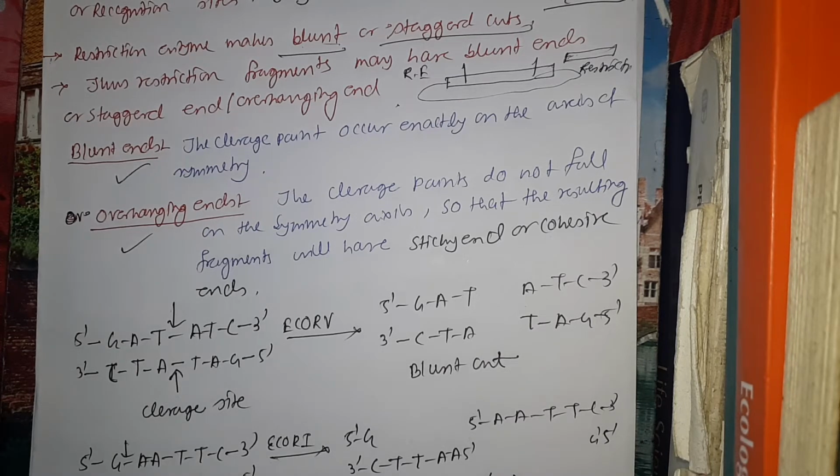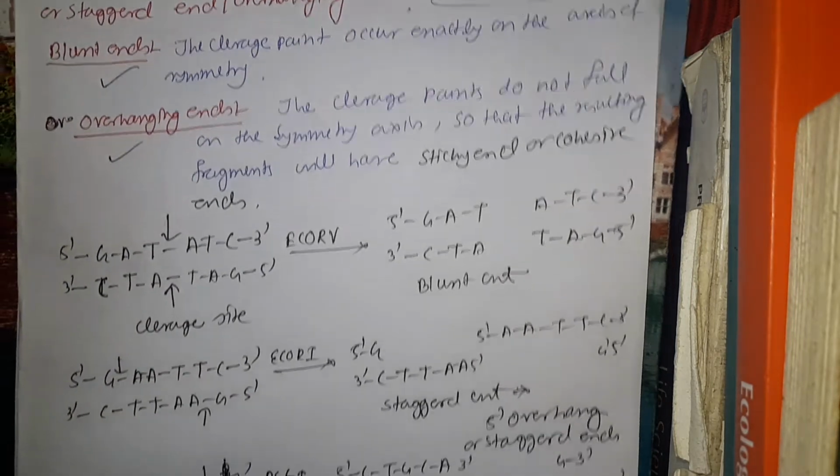This restriction endonuclease can cut a double stranded DNA segment which has specific nucleotide sequences, and this specific nucleotide sequence containing double stranded segment, which they can cut, is what we are going to talk about here, and this is called the restriction site, right?